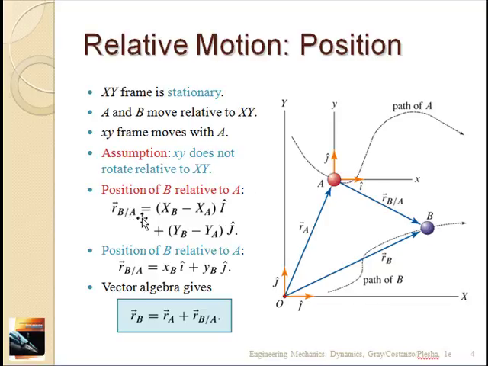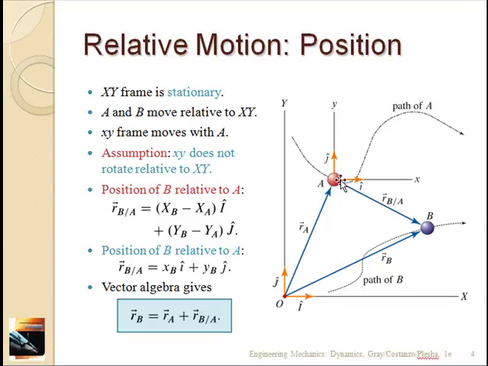So for example, we might want to know this relative position vector. That is a position vector of B relative to A. So it's kind of like both ends of the position vector are moving. We can write this in terms of the coordinates of the stationary system. That is that the position vector B relative to A is the difference in the coordinates relative to the static frame, xb minus xa in the i direction, and yb minus ya in the j direction.